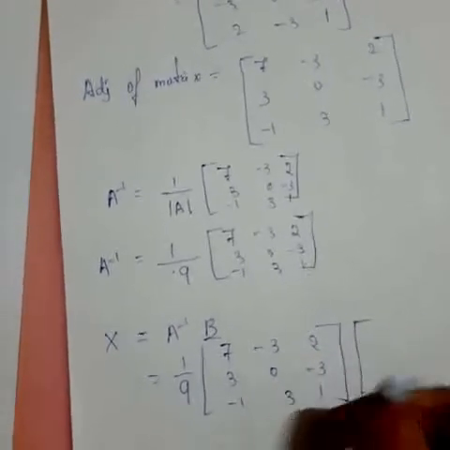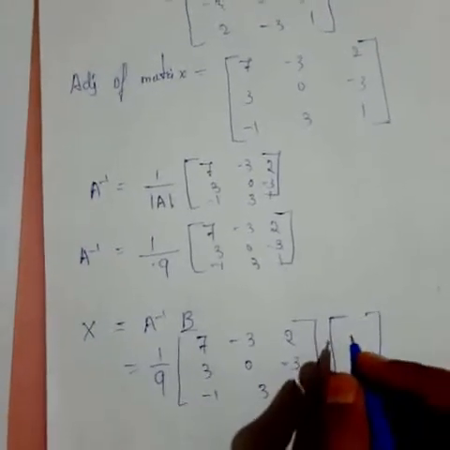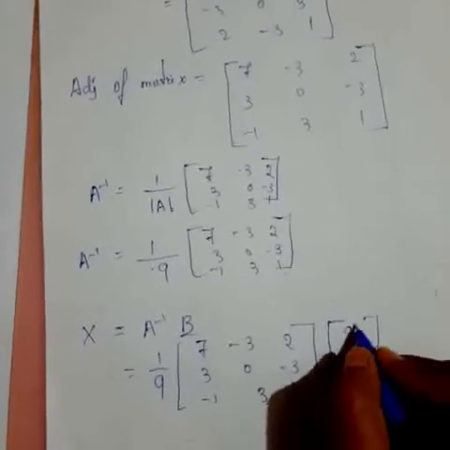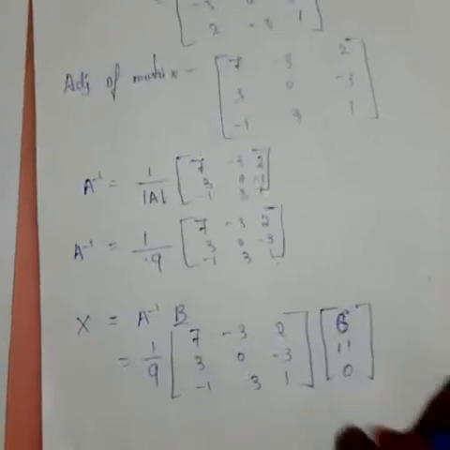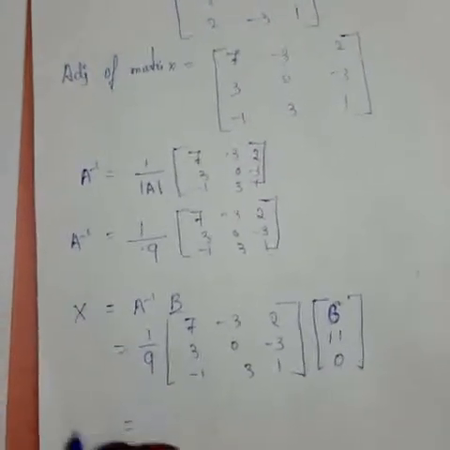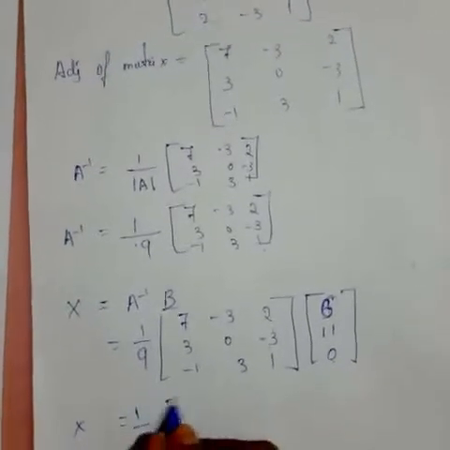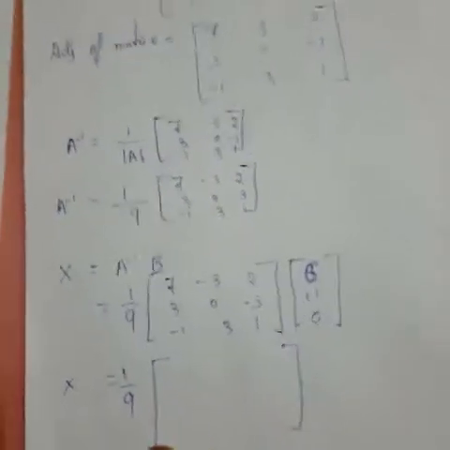Next, B is nothing but the RHS values, that is 9 6 11 0. If you solve this, the 1 by 9 stays as it is, and multiply these two. You all know how to multiply two matrices.